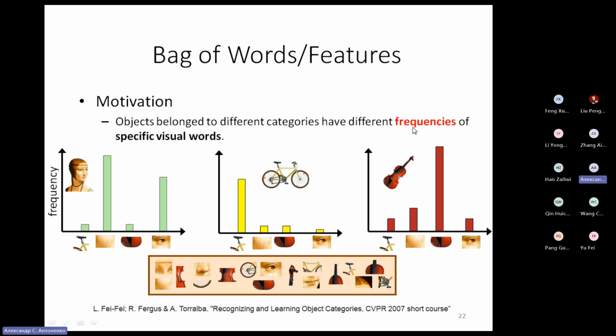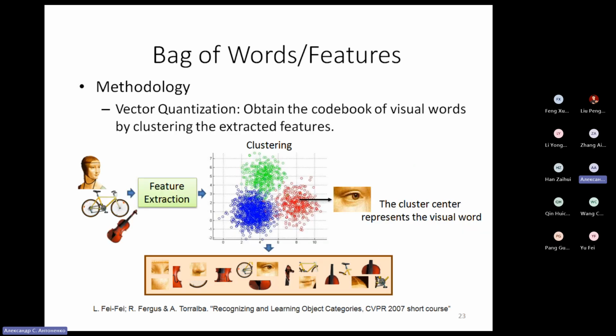But we understand that every visual word is different. So how can we divide them, for example, into some categories? For this, we need vector quantization. We use clustering of extracted features, for example clustering features that look like an eye, and then the cluster center will represent our visual word, and something that is similar will be classified as this eye feature.